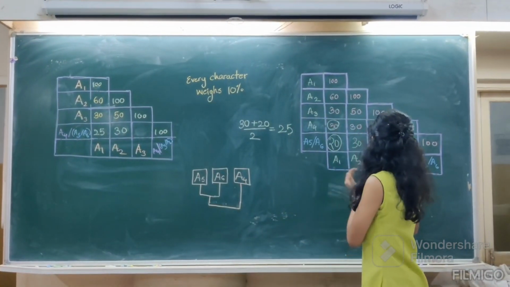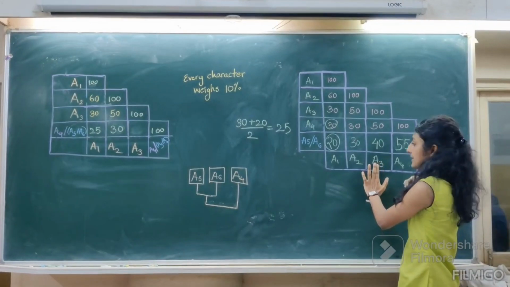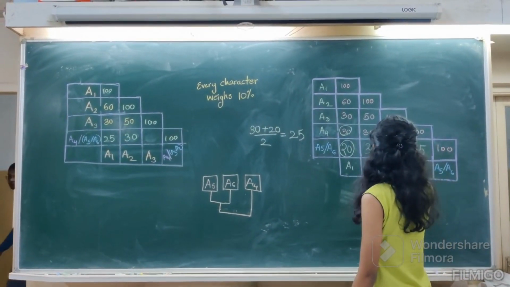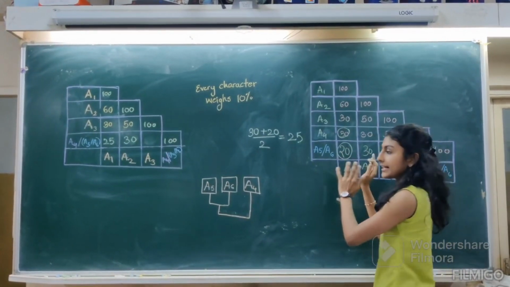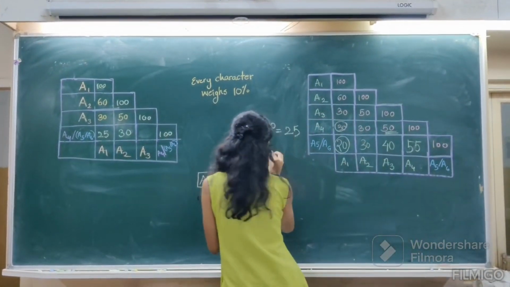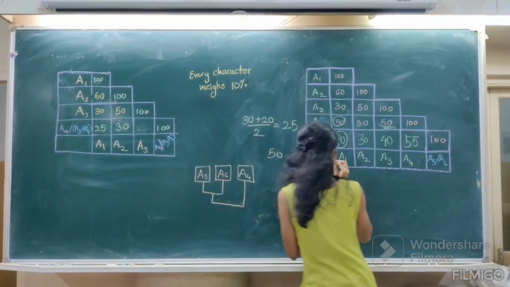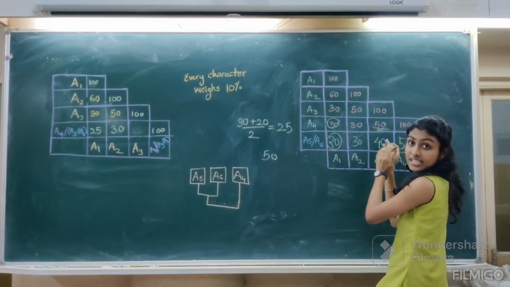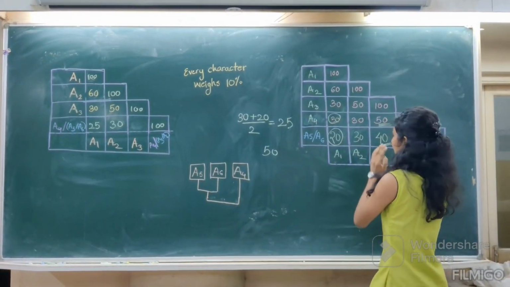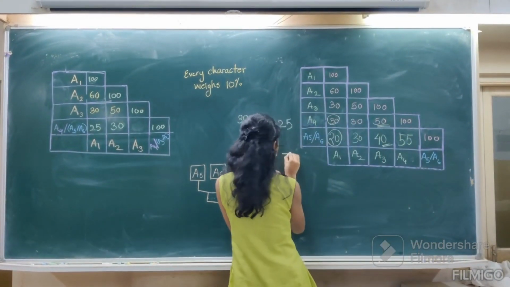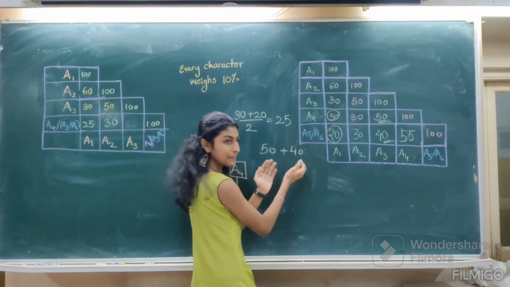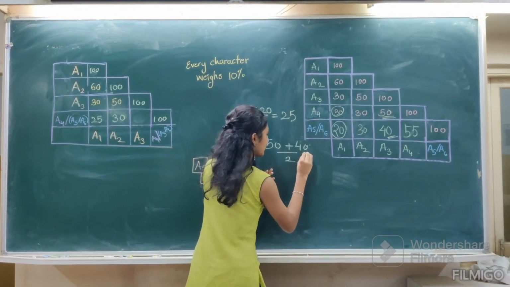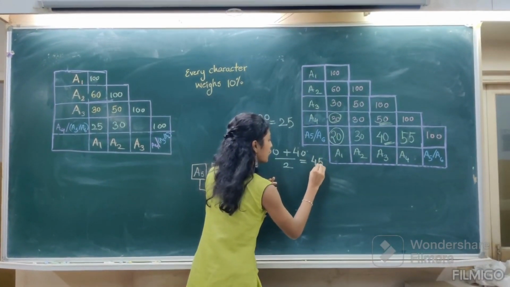Moving on, the only organism left is now A3. So now when A3 is compared to A4, we get 50 as the similarity percentage. So we'll write here 50. Then when your A3 is compared with A5 and A6 both, the similarity that we get is 40%. So we will write here 40%. And now we will calculate the average, which is 45.